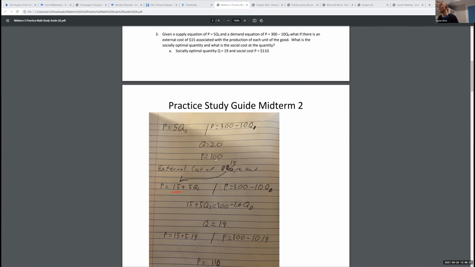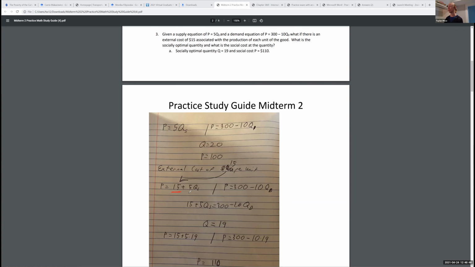Okay. So if it was a subtraction, so for negative externalities, it's always going to be an addition because you're always adding the cost onto the existing curve.